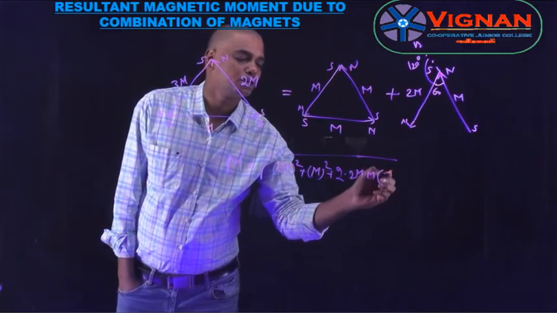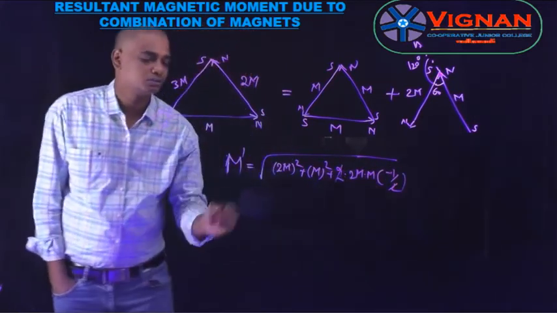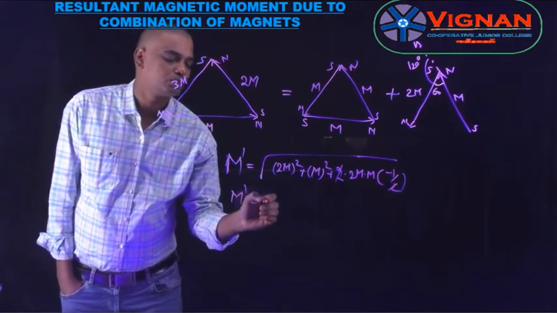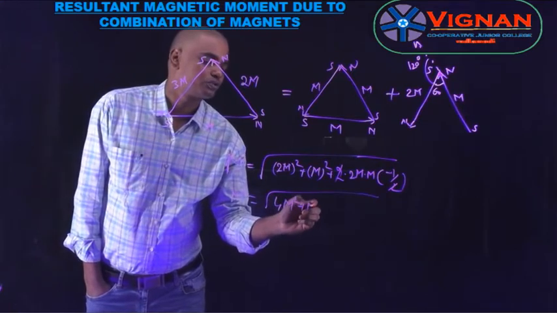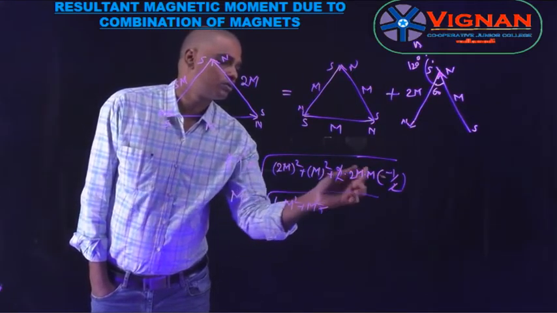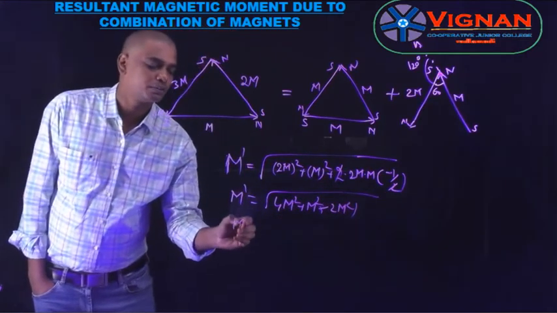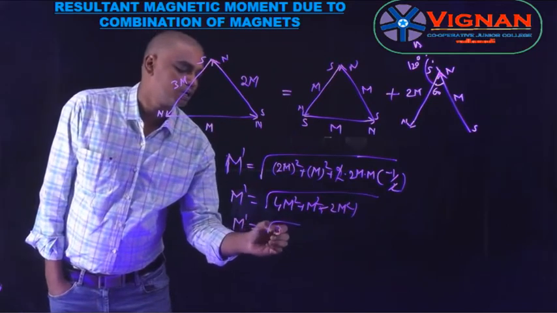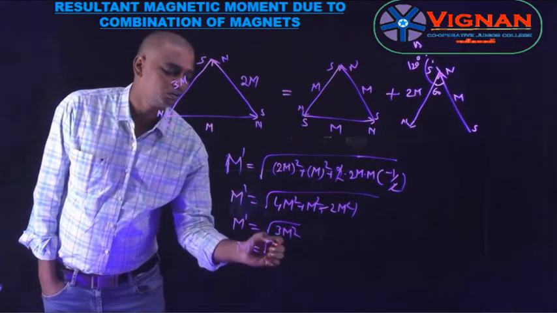Cos 120 is minus 1 by 2. Here 2 gets cancelled. So M dash is equal to root over 4m square plus m square minus 2m square, which is nothing but M dash is equal to root over 3m square. Therefore M dash is equal to root 3 m.